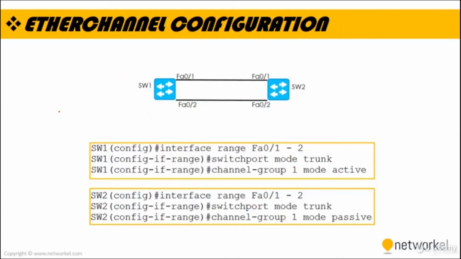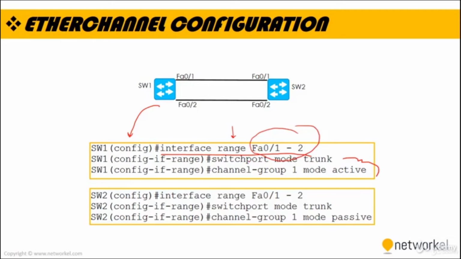The configuration is pretty straightforward. To establish an EtherChannel between 2 separate switches, let's take a look at switch 1's configuration first. I'm getting into the interface mode by typing interface range FastEthernet 0/1 and 0/2, which means I'm going to apply these commands to both FastEthernet 0/1 and 0/2.